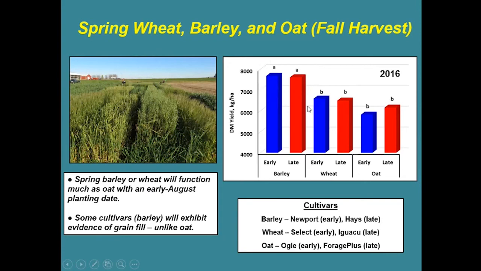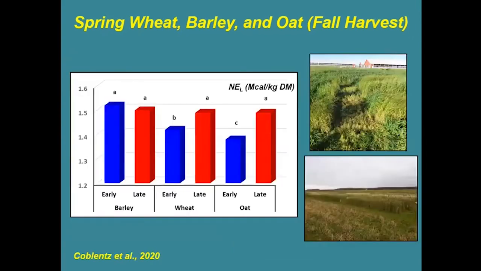But the barley cultivars in this particular experiment actually underwent partitioning of carbohydrate into the seed head, and we had filling seeds. And I think that contributed quite a bit to this yield advantage that you see here, because that did not occur for the wheat or the oat in this particular case. And you can see we got some pretty exceptional yields in the fall with this approach.